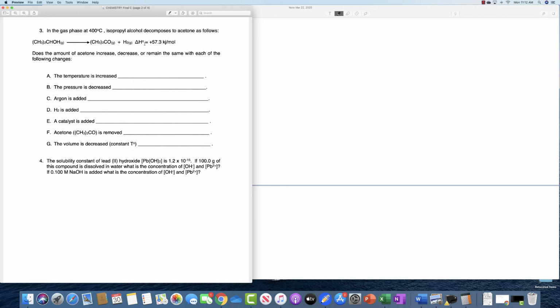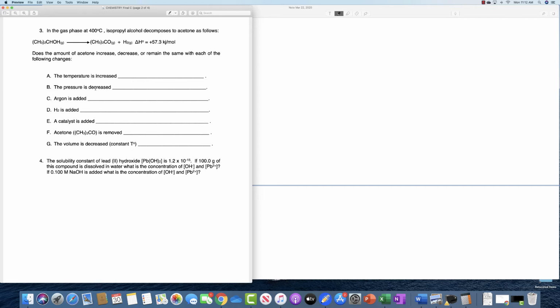If you increase the temperature, this is an endothermic reaction, which means you have to add heat on the reactant side. If you increase the temperature, it's like adding heat or adding to a reactant, which drives the reaction this way. So the answer to the first one is increase.